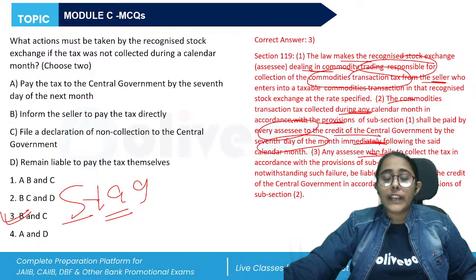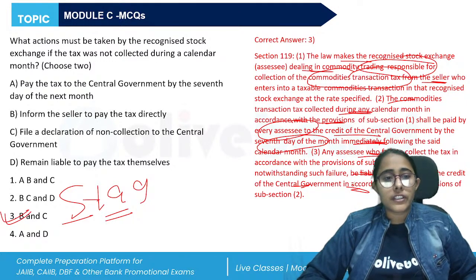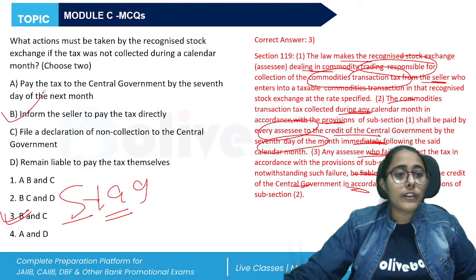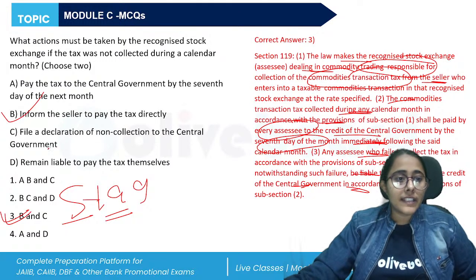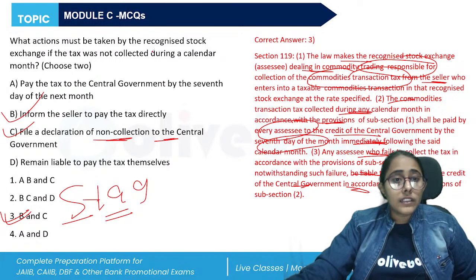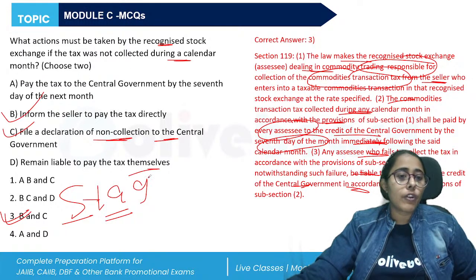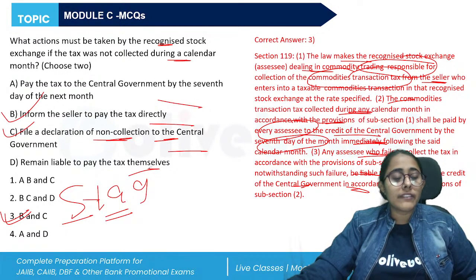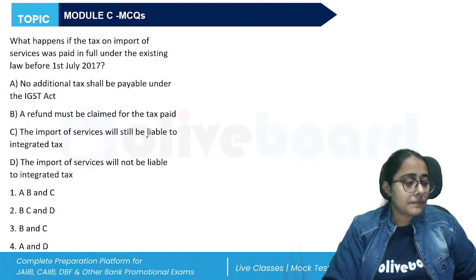And the assessee who fails to collect the tax shall be liable to pay the tax to the credit of the central government in accordance with the provision. So the provision is that they have to inform the seller to pay the tax directly, and they need to file a declaration of non-collection. The recognized stock exchange will not make the payment on behalf of the assessee or the corporate. All right, they will only inform the seller to pay the tax, and they will file a declaration.